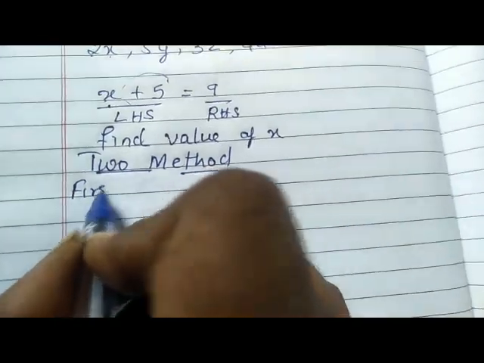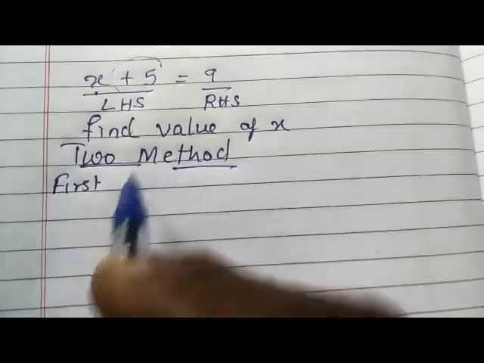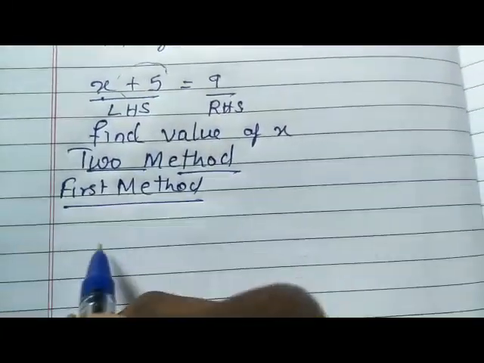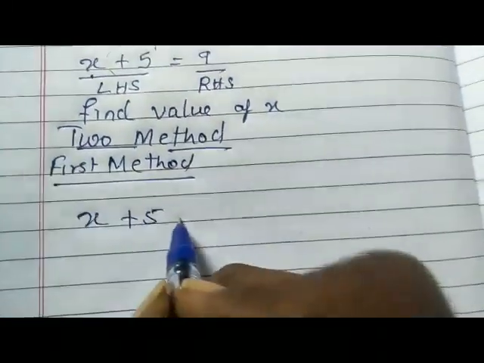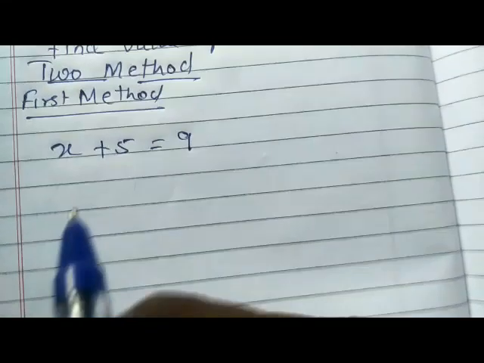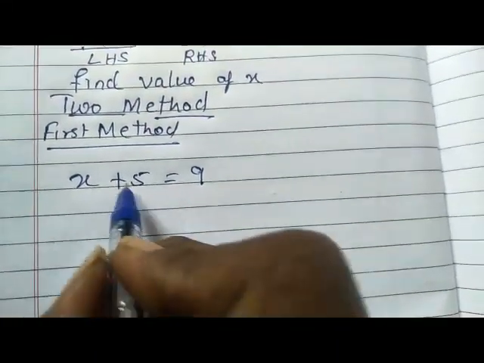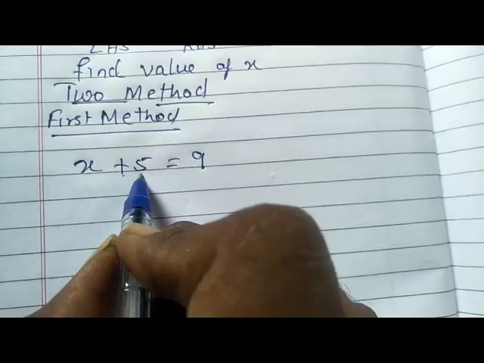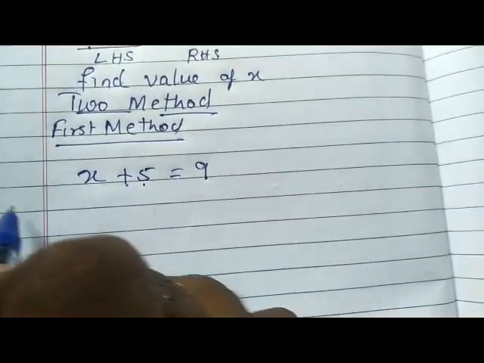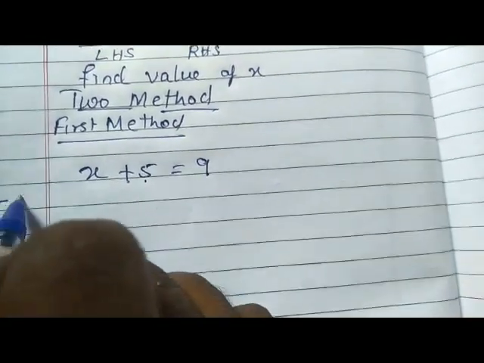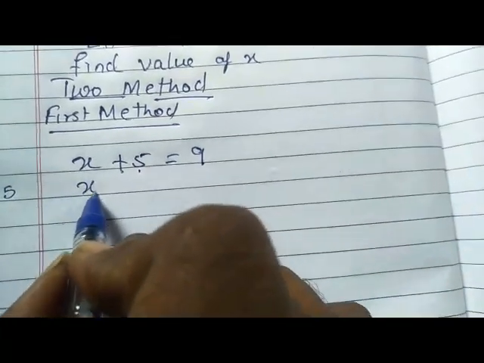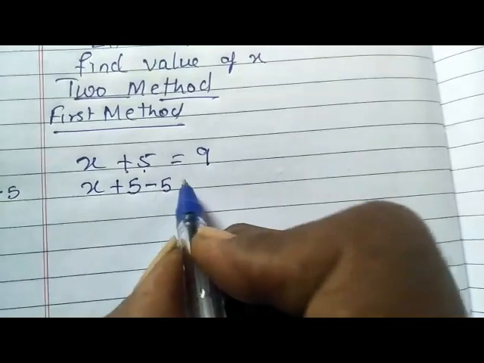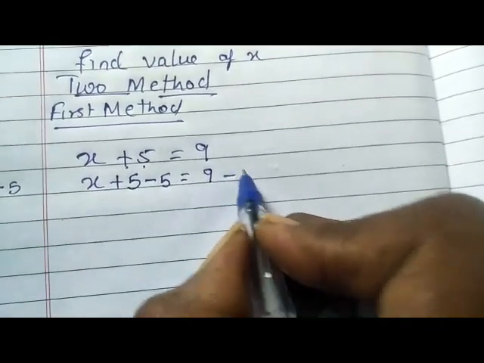First method is: the equation x plus 5 is equal to 9. Here, what do you want to remove? You want to remove plus 5. So, what is the opposite of plus 5? It is minus 5. So, what do you do? X plus 5 minus 5 equal to 9 minus 5.